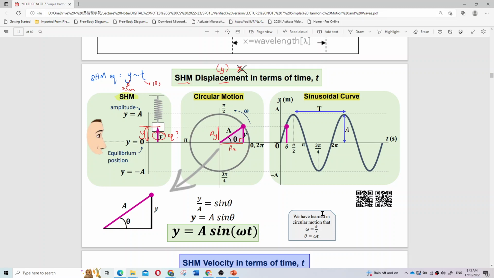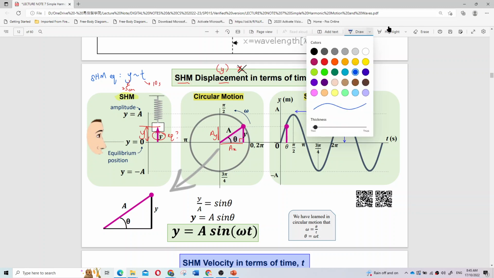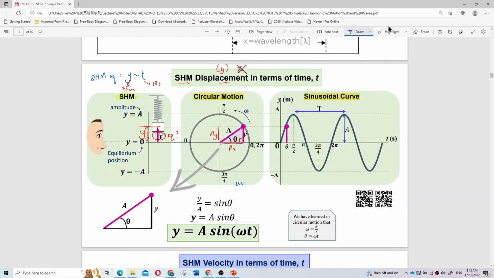And then we have learned that in circular motion, omega equals theta over t, because this is uniform circular motion. In uniform circular motion, there is no acceleration, right? Alpha is 0.